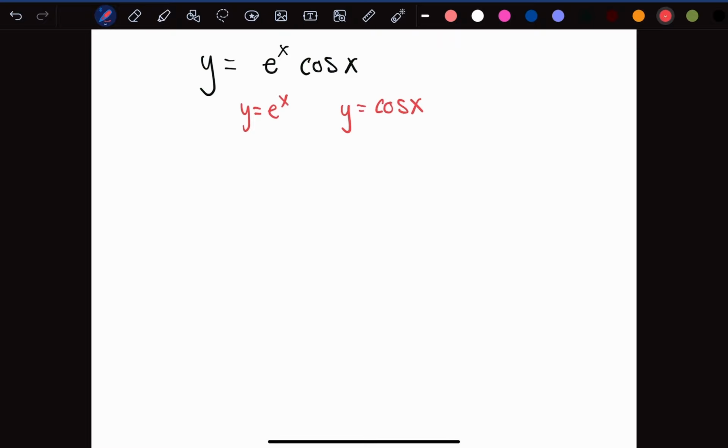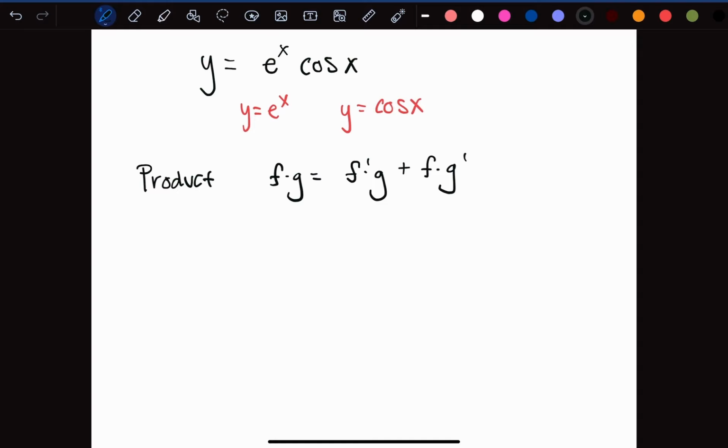Because there's two distinct functions being multiplied here, we're going to have to use the product rule. What the product rule tells us is that if we have two functions multiplied by each other, we take the derivative of our first function, multiply that times our second function, and then we add our first function times the derivative of our second function.